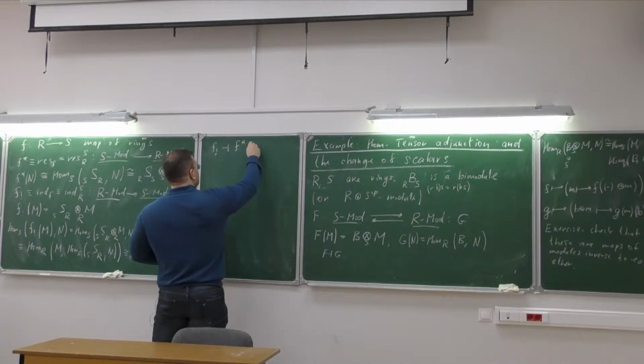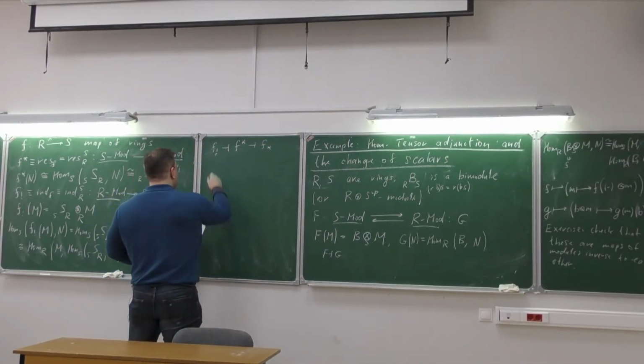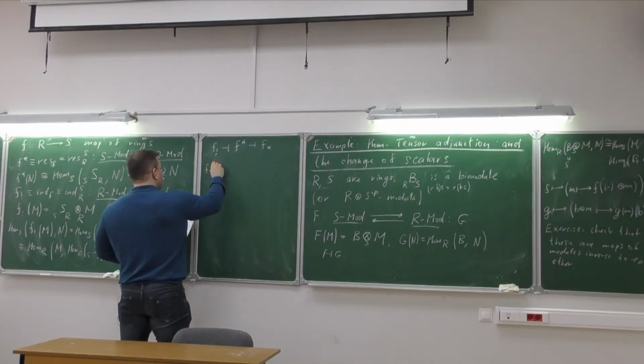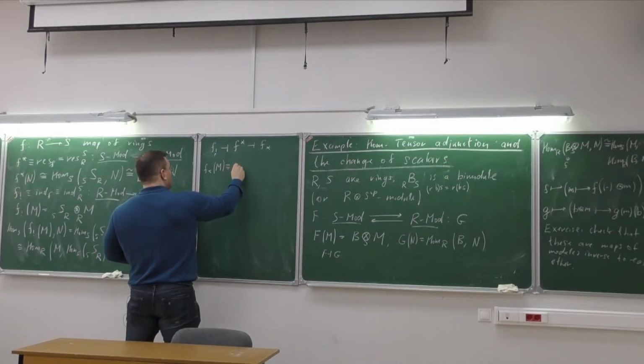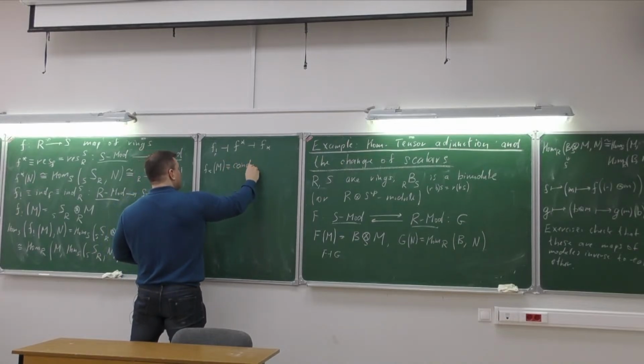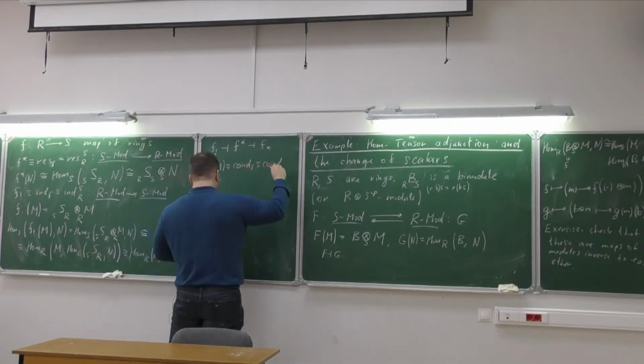So notation is F with the lower star of some module M, which is co-induction. Notation is the same as for induction.